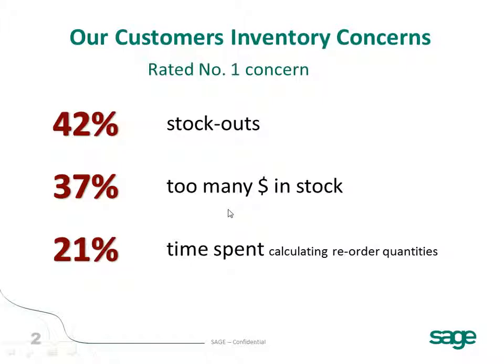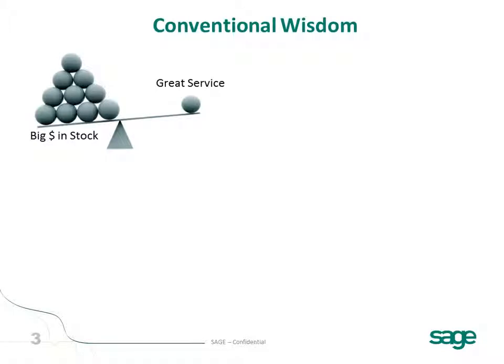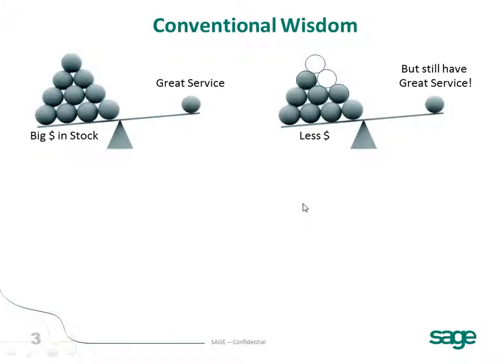I think if you had to ask a lot of customers what their issues would be, they would probably respond to you that all three of the above are their core issues. And a lot of our customers did respond like that as well. The conventional wisdom and issue that we're dealing with here around inventory management really revolves around the following. It's easy to get great service, you just throw a lot of stock at it. The challenge that we've all got is to find a way to actually reduce that stock but still have great service.